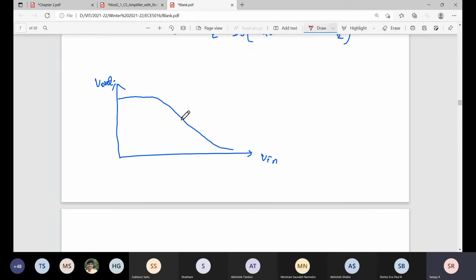We are operating here. This is a DC point, this is the Vout point, so this is the Q point. At this Q point, what is gm? What is the gm formula? gm equals mu n Cox W by L times (VGS minus Vt), where VGS is Vin. So once you know Vin, we can find gm.